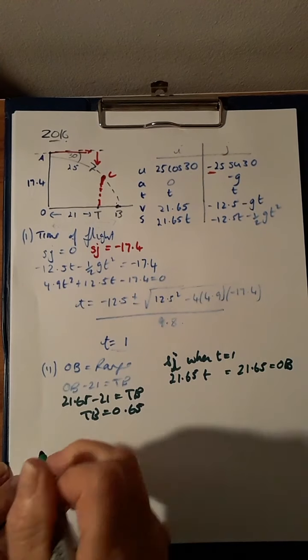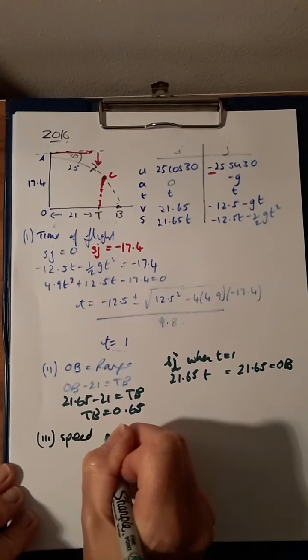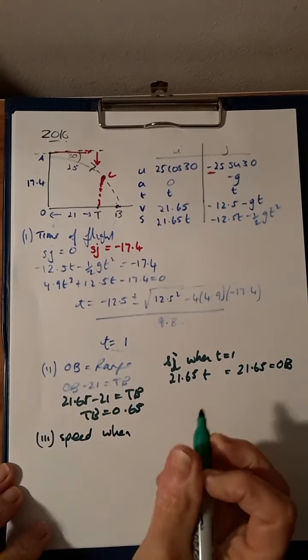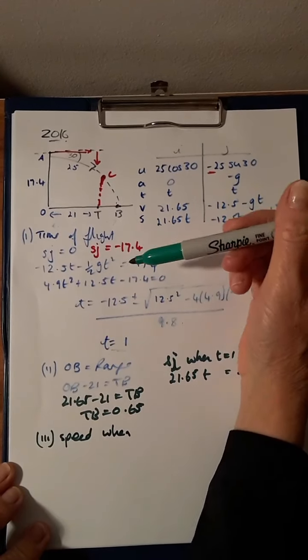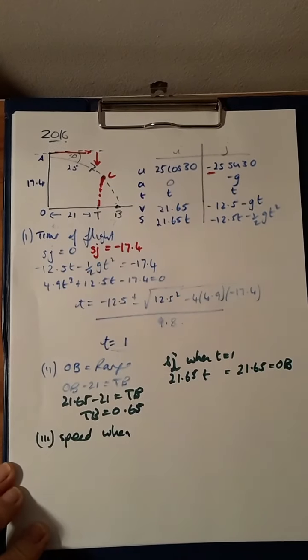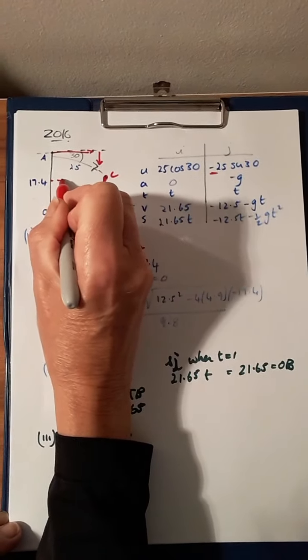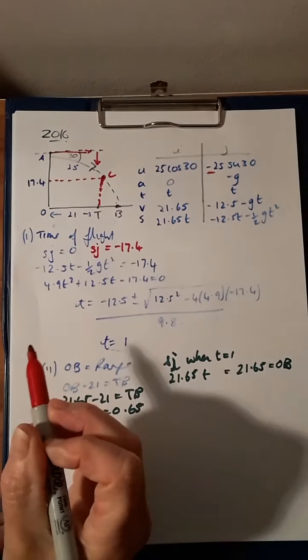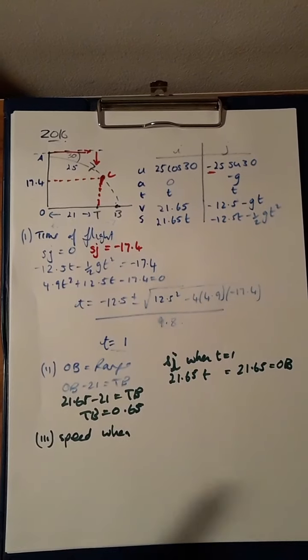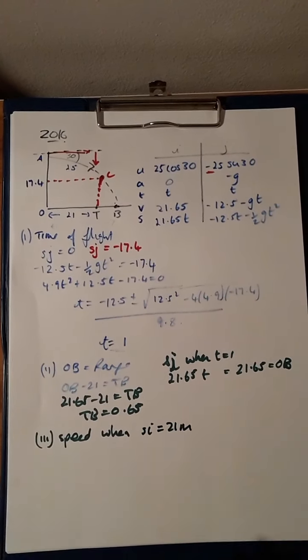Okay, so we want the speed of the ball when it's at this position here, when it's at C. It's going to be 21 metres out. So we want the speed when the SI is 21 metres.